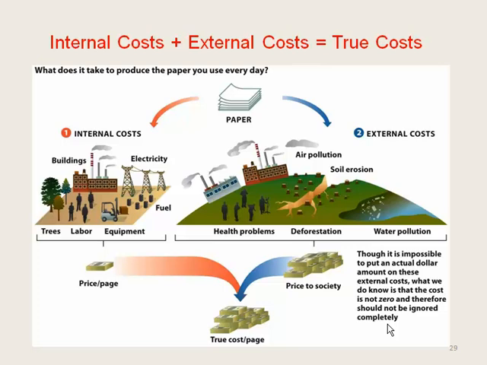So if you think about it, you're paying considerably more for a piece of paper than just the price that is charged for that ream or that case of paper or the book that is used.